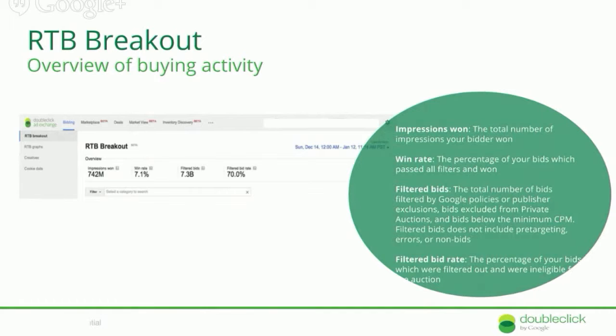So for instance, if you are a bidder and you have multiple child seats, you'll be able to see RTB Breakout for each of those child seats. And you can use that to identify issues that may be affecting one or another of your child seats.